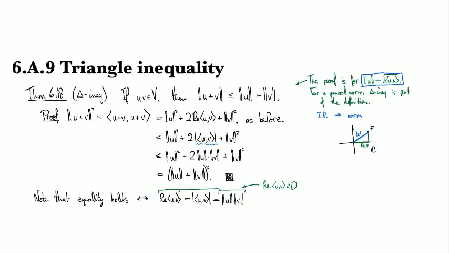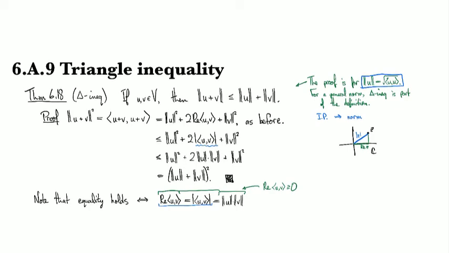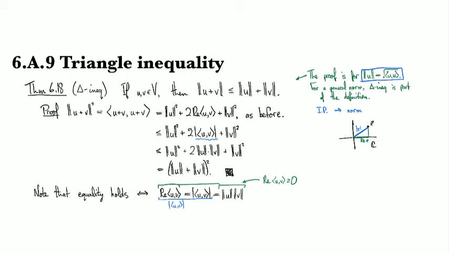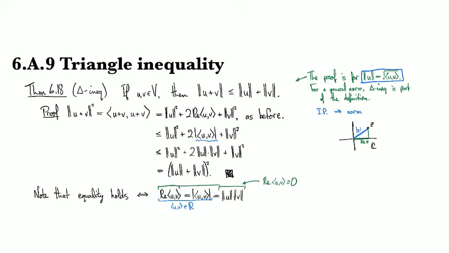And then what else can we say? So we know that if these guys are going to be equal, going back to our picture over here, you can see that that happens if and only if the inner product is real.